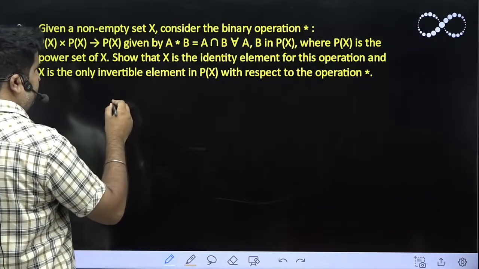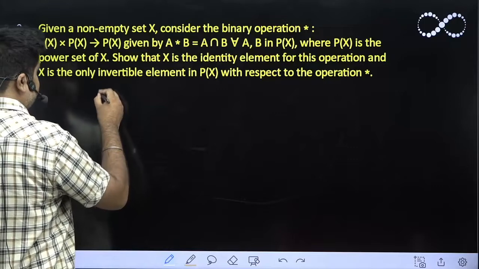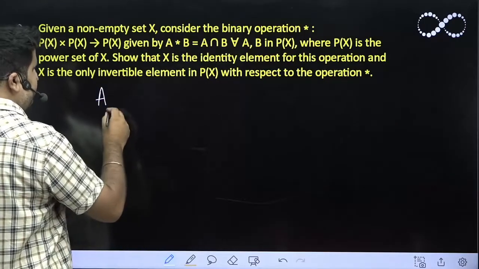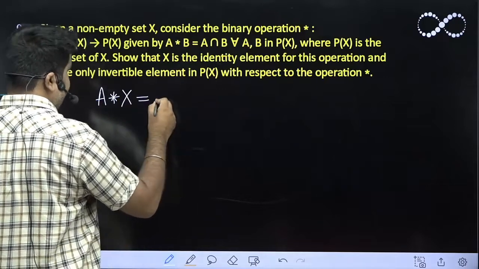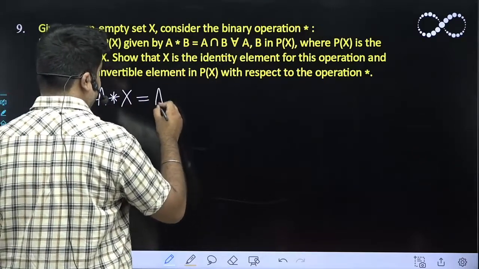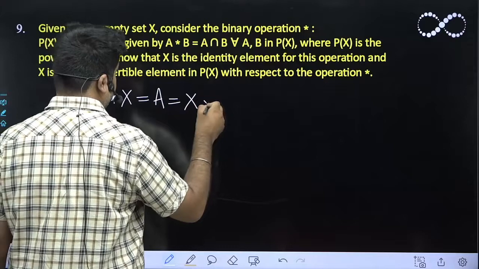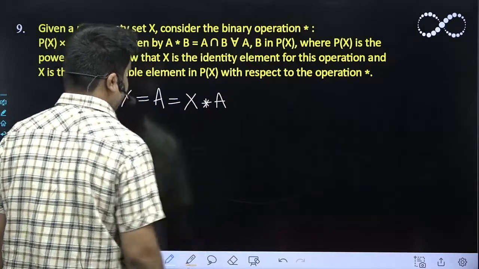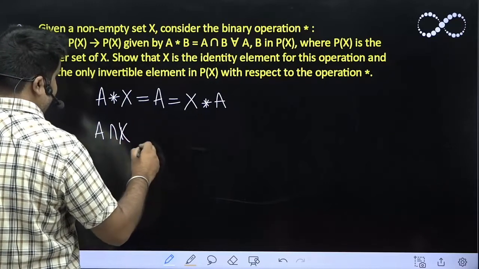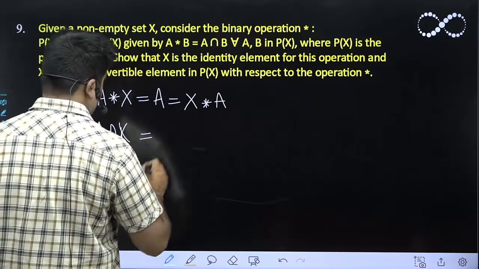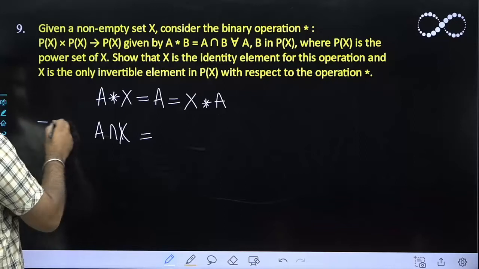Okay, so first let's see. For identity element, what we have to show is A star X should be equal to A, which should be equal to X star A. So what is A star X? This is actually A intersection X. Okay, so what is A intersection X?